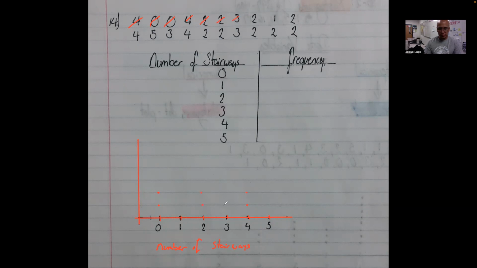We have a 3, 2, 1, 2, 4, 5, 3, 4, 2, 2, 3, and then 3 2s.